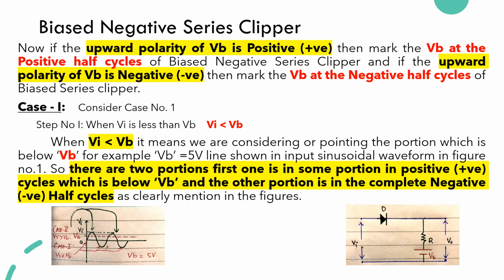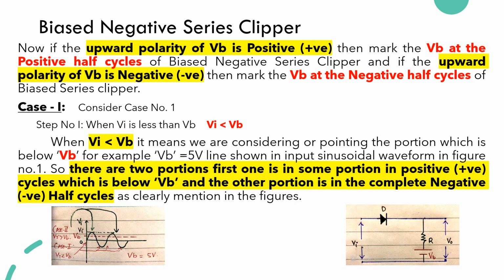In this slide, if the upward polarity of VB is positive, then mark VB at the positive half cycle of the biased negative series clipper, as shown in figure number 1. VB equal to 5 volts in the positive half cycle.